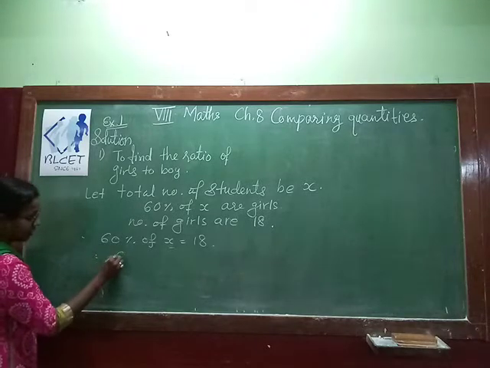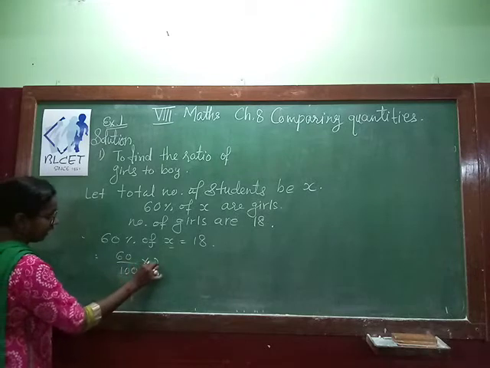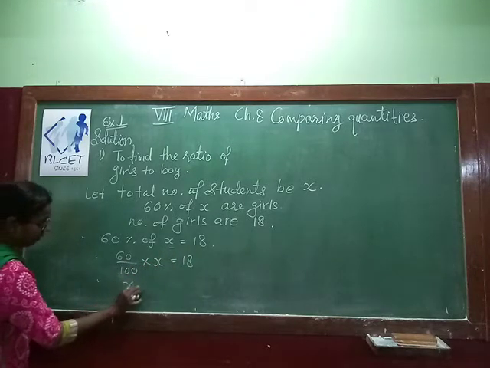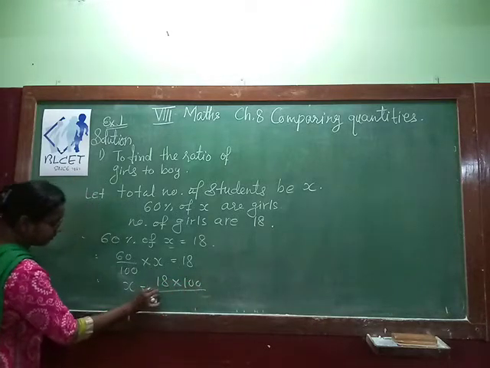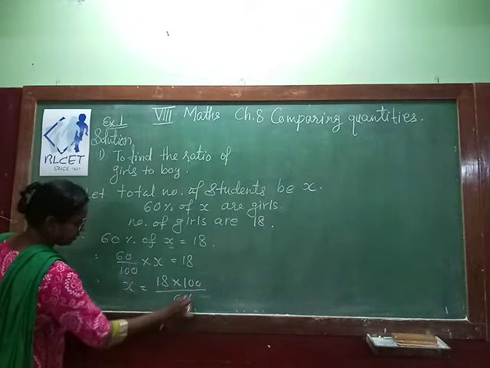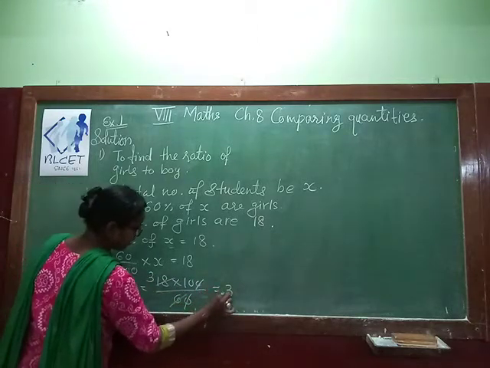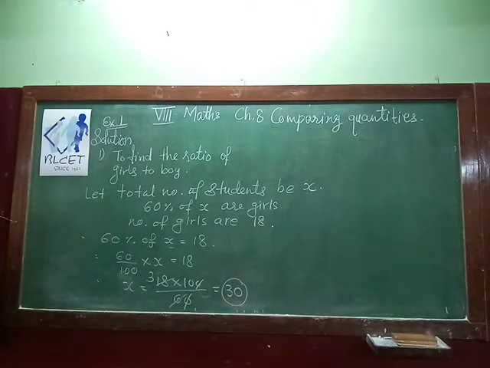So this is 60%, if you replace it by 60 into 1 by 100 into x is equal to 18. So therefore x is equal to 18 multiplied by 100 divided by 60. The zeros get cancelled. 6 3s are 18. So what is the answer? 30. So 30 is the total number of students.